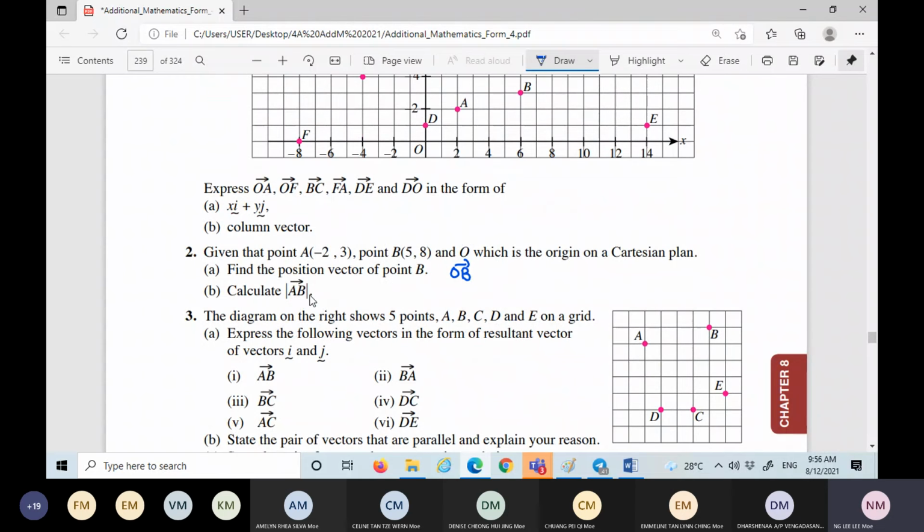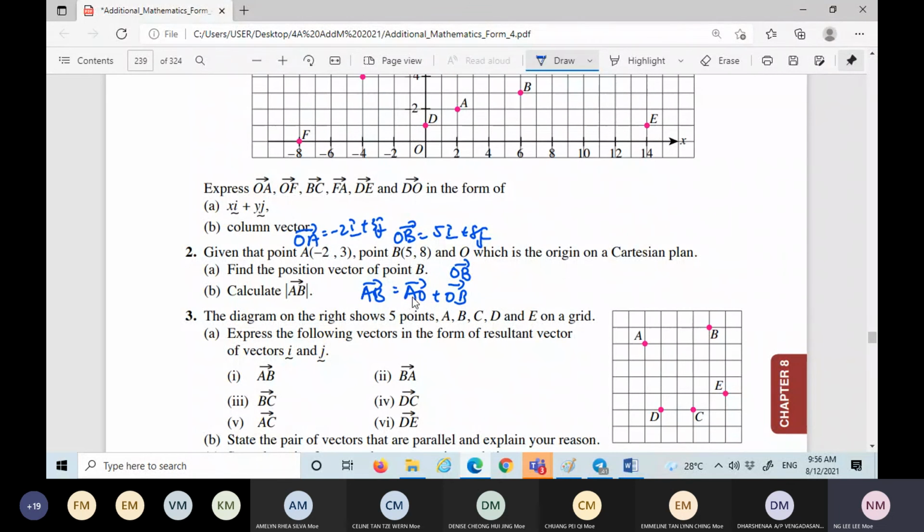Because the next part is asking for the magnitude of AB. First of all, AB is AO and then OB. Because you can get the information from here. OB is 5i, 8j, and here OA, even though it's not asked in part A, you need it. 2i, 3j.